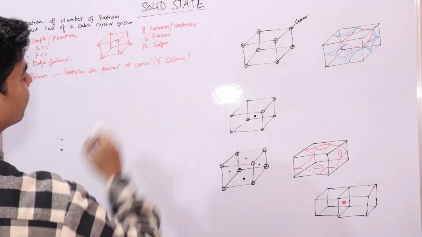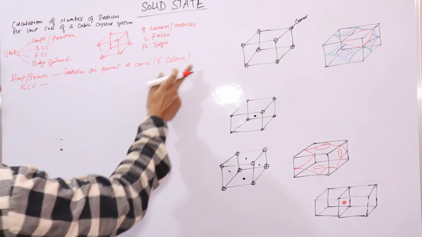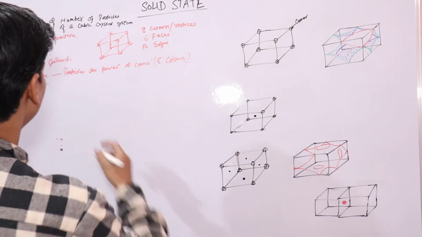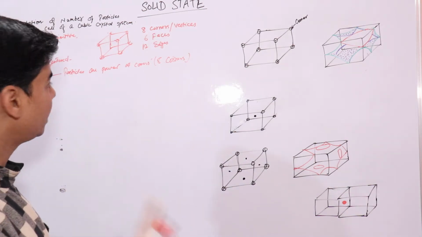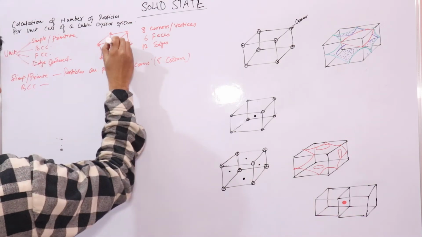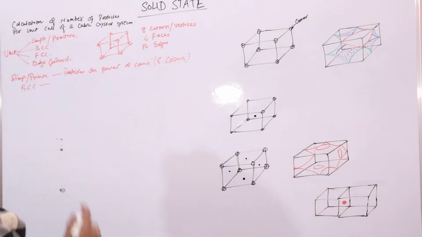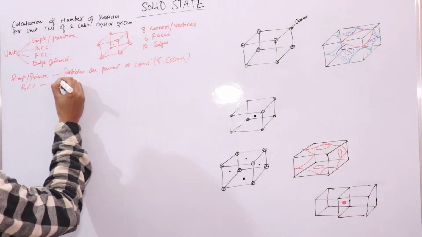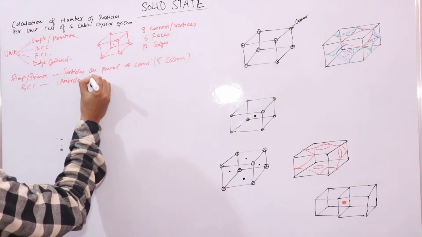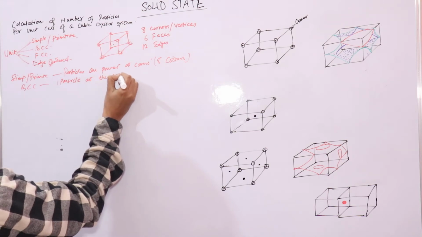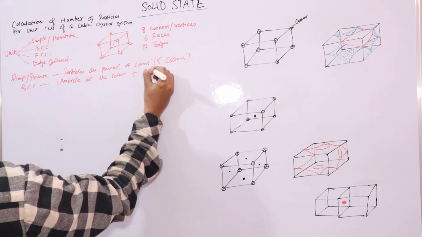Now in case of BCC, in addition to particles at the 8 corners, one particle would be present at the center of the unit cell, or at the center of the cube if we look at the structure. So one particle at the center, plus particles at 8 corners.